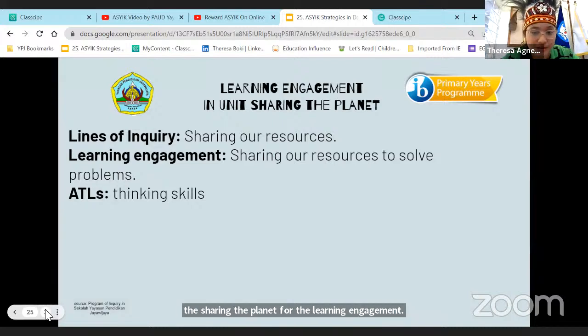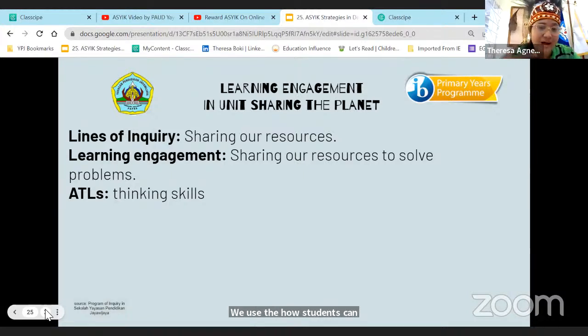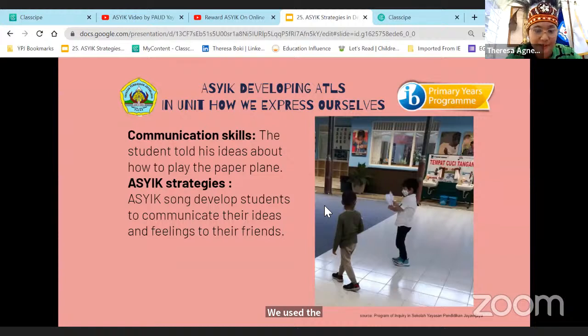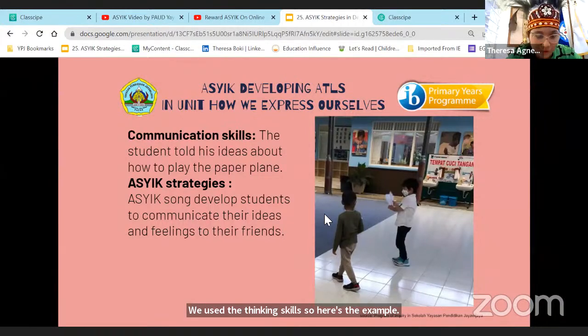We use how students can share and understand about resources and how resources can help them to solve problems. We use the thinking skills. So here's the example. Actually, before this unit, sharing the planet, we asked students to learn about communication skills.